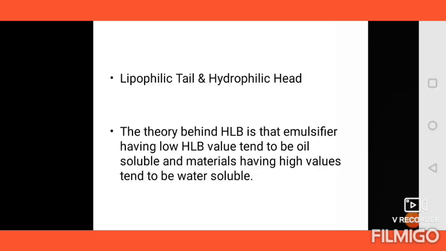The theory behind HLB is that emulsifiers having a low HLB value tend to be oil soluble, and materials having high values tend to be water soluble. However, this is not always right. For example, two emulsifiers may have the same HLB and exhibit different solubility characteristics.